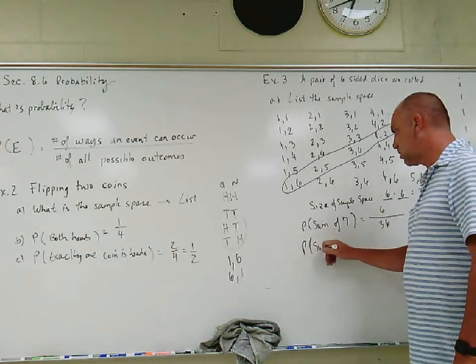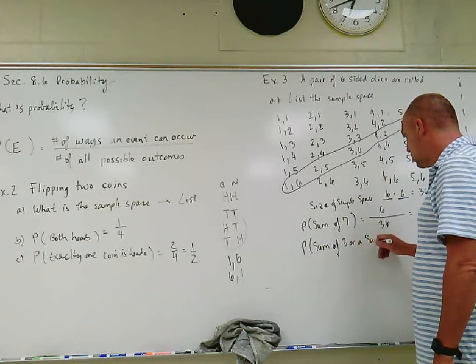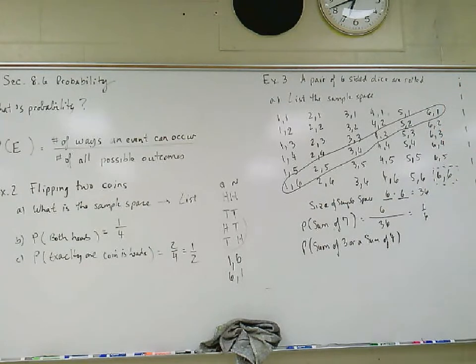Probability of a sum of 3 or a sum of 4. Could you add up all the probabilities of a sum of 3 or a sum of 4? How much?